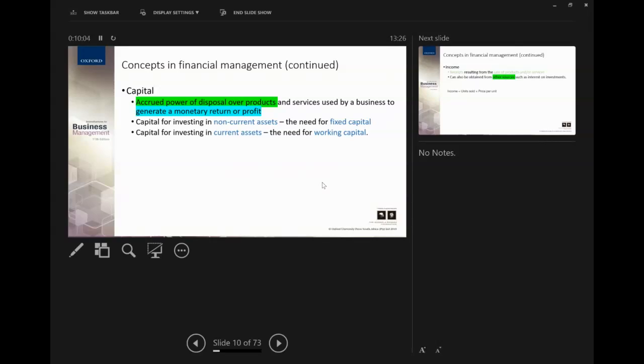Again, this is money that has been provided by the owners, or the shareholders, of the business. Now, very important, I think they do a good job here of explaining what fixed capital is.